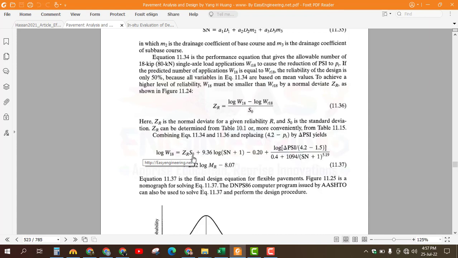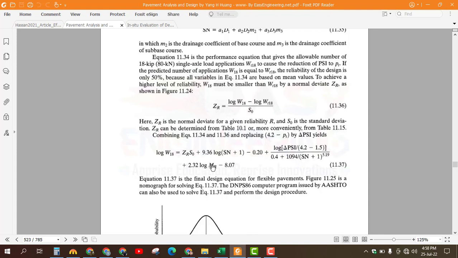In the right hand side we have these values: ZR, S0, the standard deviation, ZR is the constant, SN is the structure number here, and del PSI is the change in the present serviceability index, and MR is the resilient modulus of the layer for which you are going to calculate the SN1.